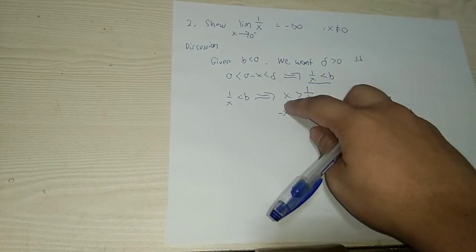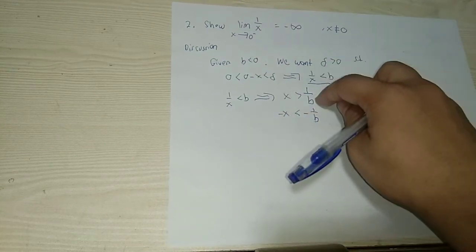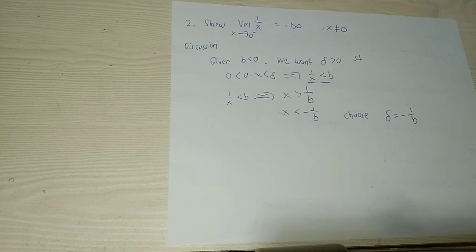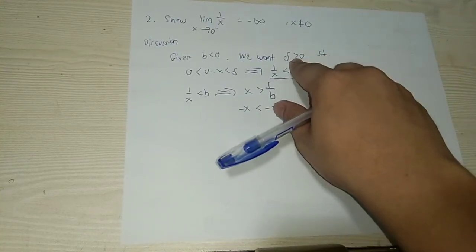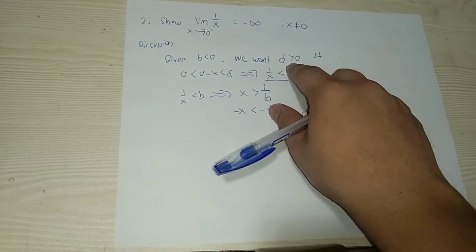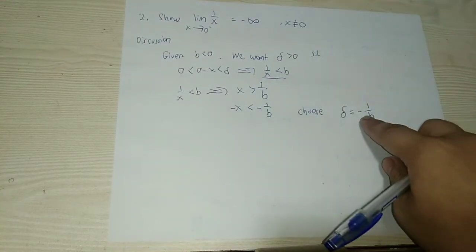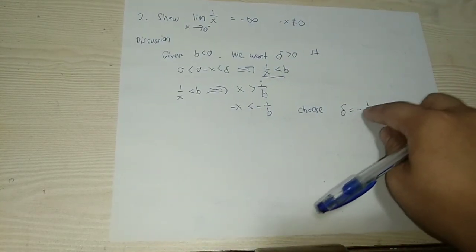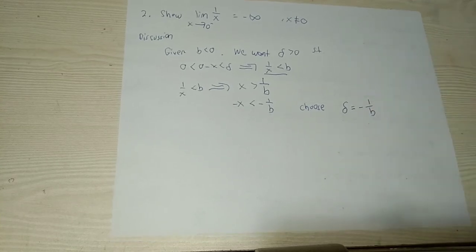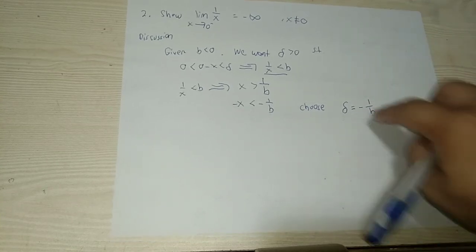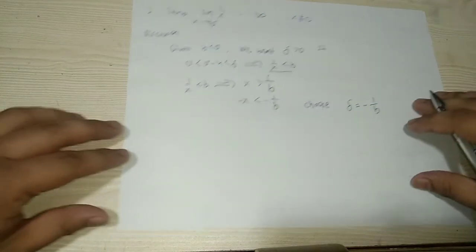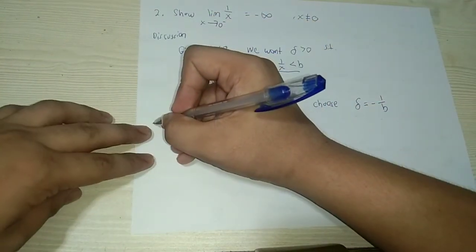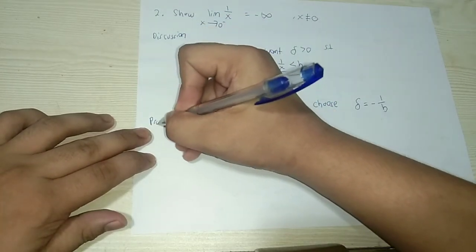Kasi kung yung x negative, mas mataas siya dito, dapat negative din tong 1 over b. Kapag ilalet natin na yung delta 1 over b, edi mali na. Kasi yung delta natin ay positive. Kaya kailangan natin yung delta naka-negative 1 over b. Kasi yung 1 over b, negative yan. Para maging positive yung delta. Okay? So, dun tayo sa proof.